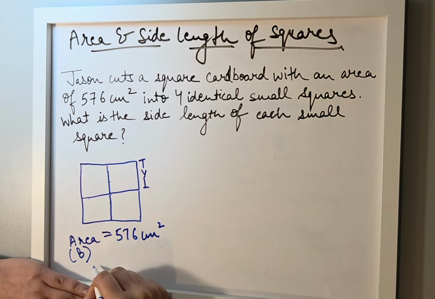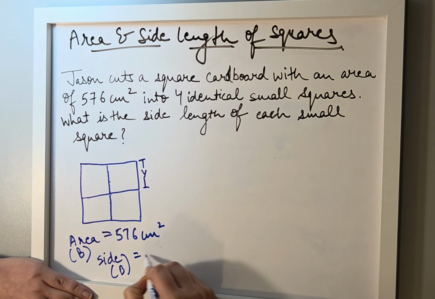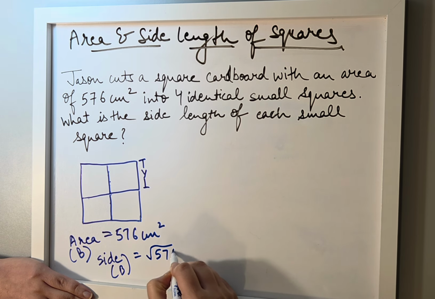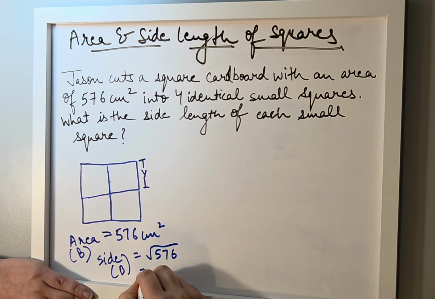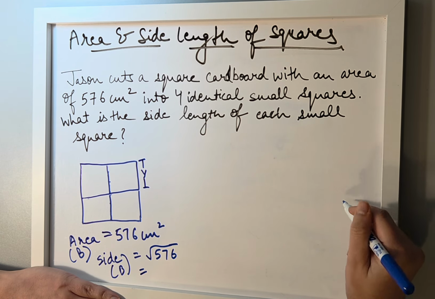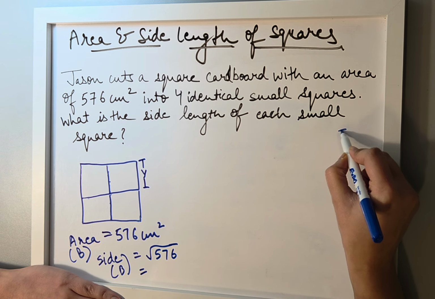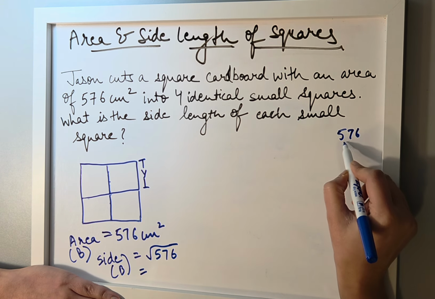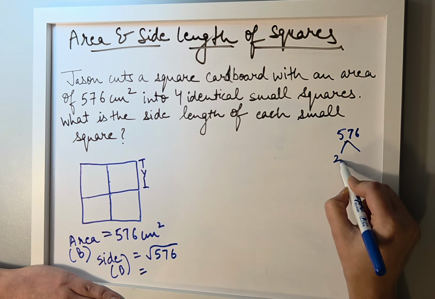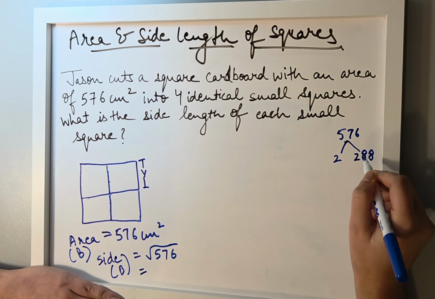So we know the area of the big square, so we can quickly find the side of the big square. That will be the square root of 576. How much will that be? We can quickly take out the root of 576. So 576 is an even number, so divide by 2: 2 2s are 4, 2 8s are 16, 2 8s are 16.